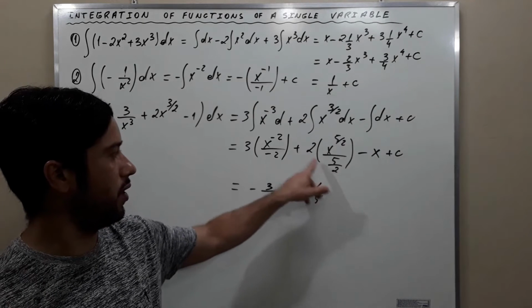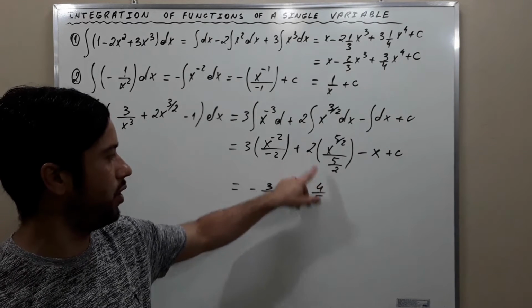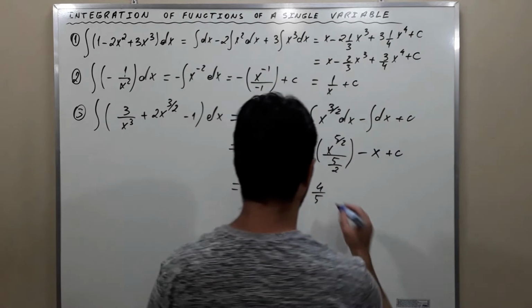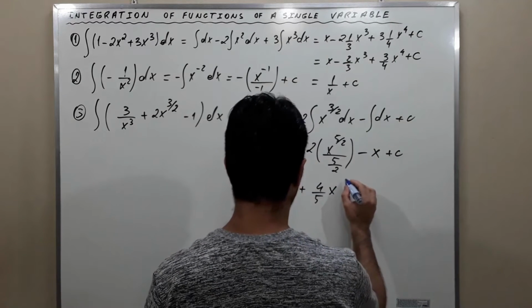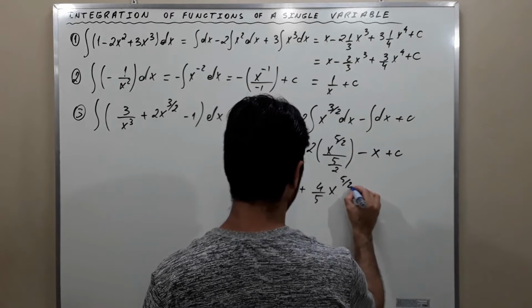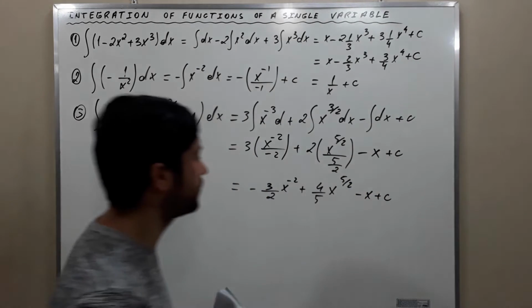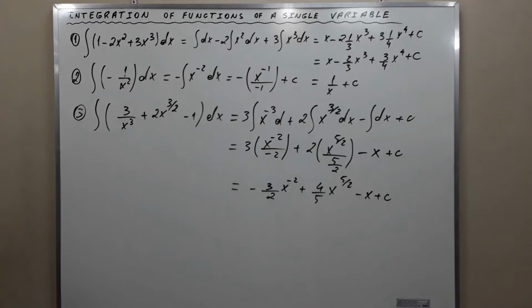This denominator here is going to multiply these 2 here. It becomes 4 divided by 5, x raised to 5 halves, minus x plus c. Okay? This is the third exercise.